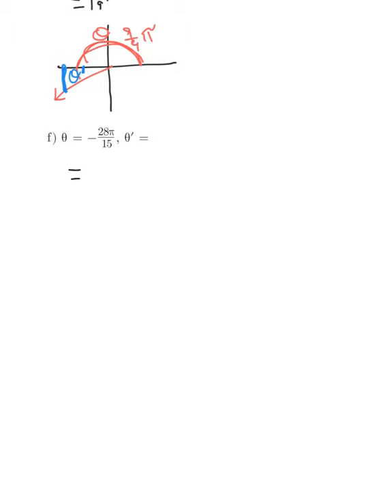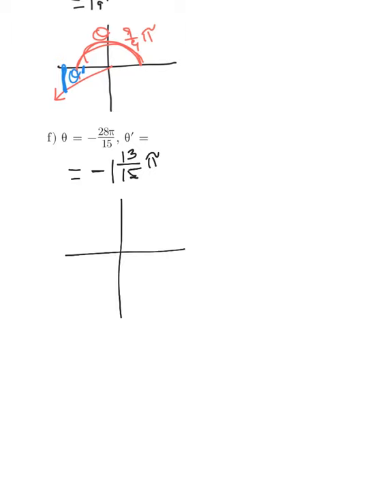It goes in once. First, it's negative, don't forget that. It goes in one time, and then how many would be left over? 13/15. So 1 and 13/15 pi is the same thing as 28 over 15 times pi.